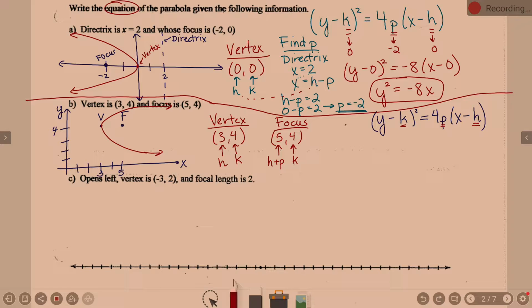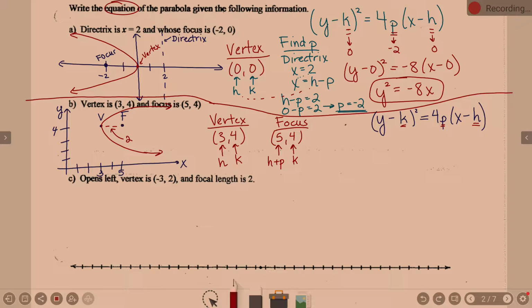I've got 2 easy ways I could tell you p at this point. Connor? Is it 1? Not 1. Ethan? Is it 2? Why is it 2? What's your reasoning? The distance from the vertex to the focus. Okay. If you look right here in that picture, from 3 to 5 is a distance of 2.